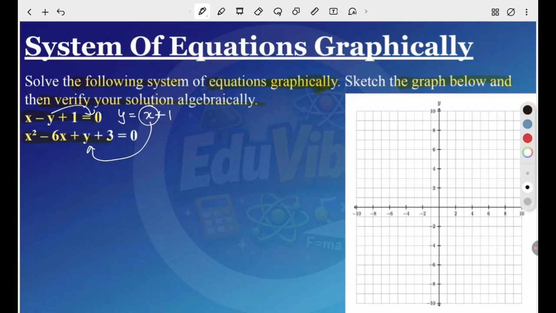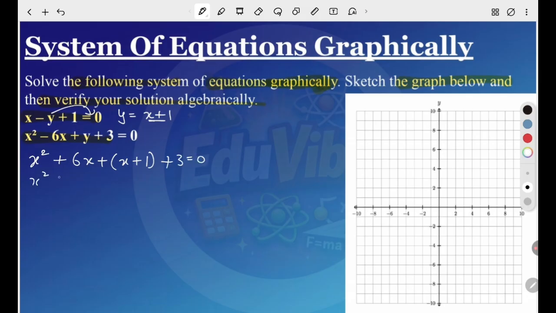So let's do this by plugging this value into this quadratic equation. Here we have x squared plus 6x, and now our y is x plus 1, plus 3 is equal to 0.